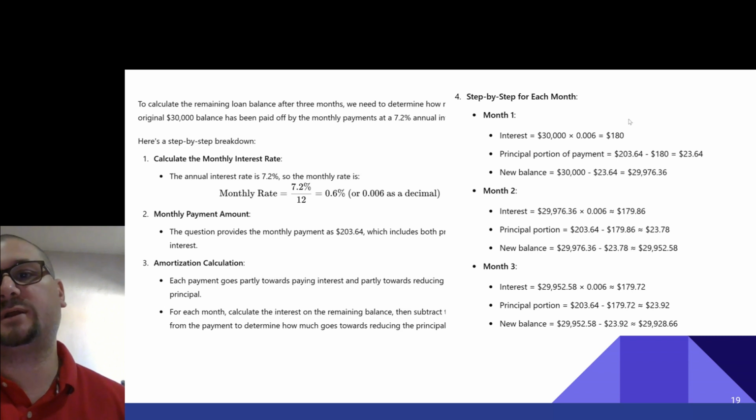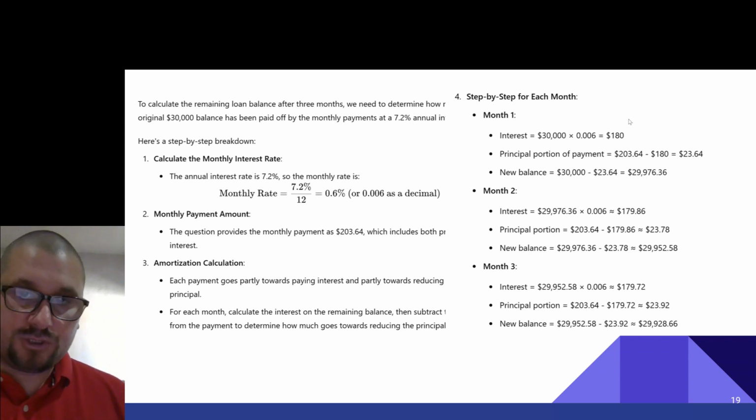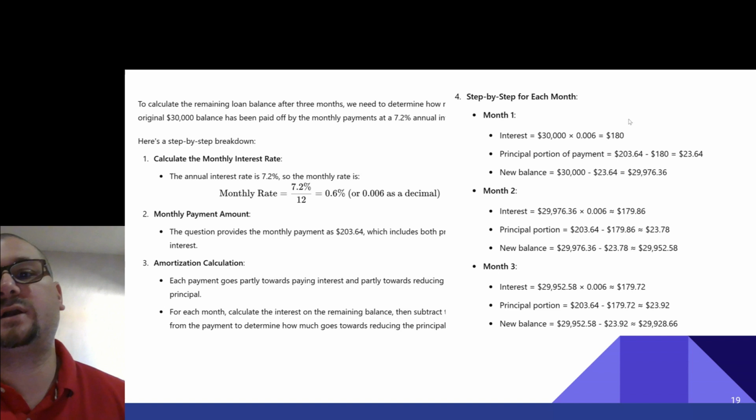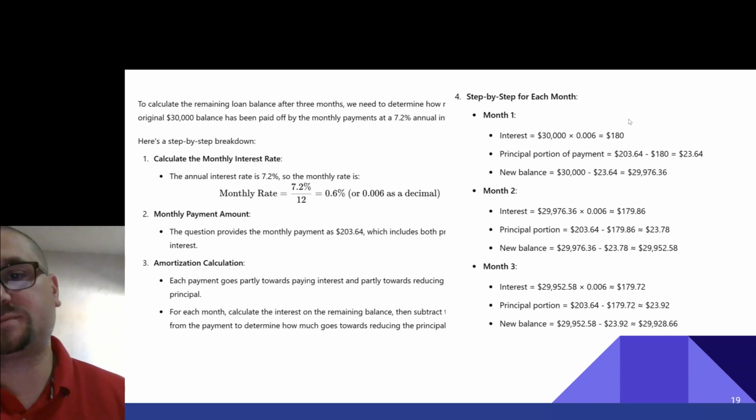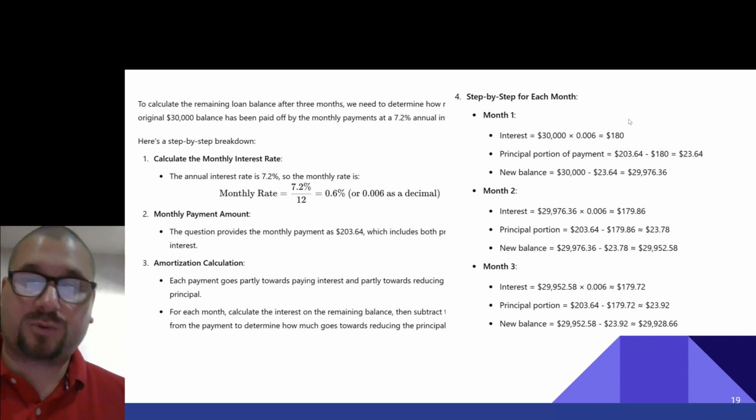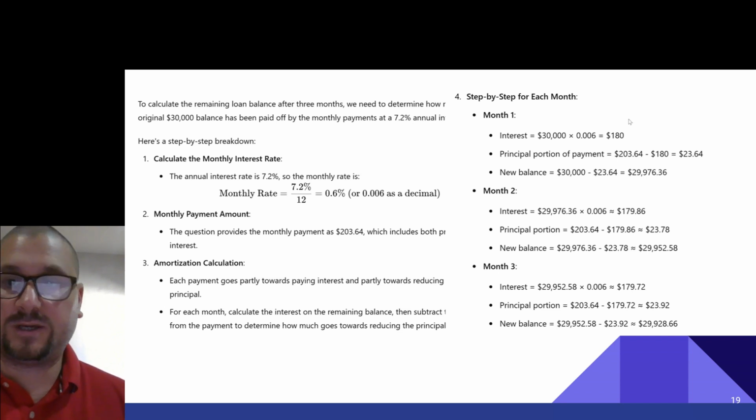That brings you to 29 grand. Month 2, interest is 29 grand times 0.6% again, now it's $179. Before, we did 0.6% of 30 grand, but now we're doing it of 29 grand. The principal is $200 minus 179, which gives you $23.